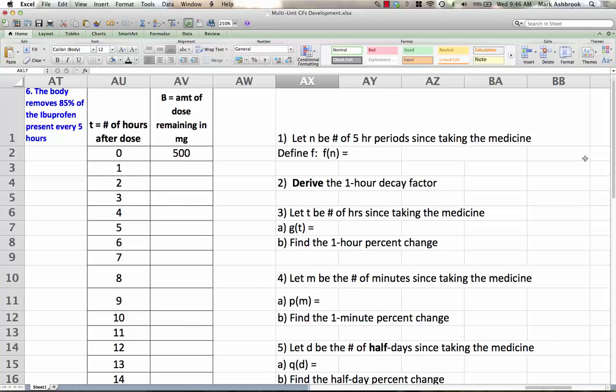This is another 5-hour period. Every time 5 hours goes by, you multiply by 0.15. Okay. You got it eventually. Good questions.